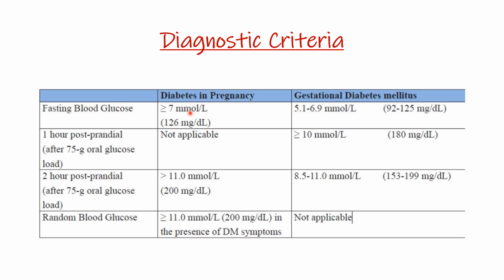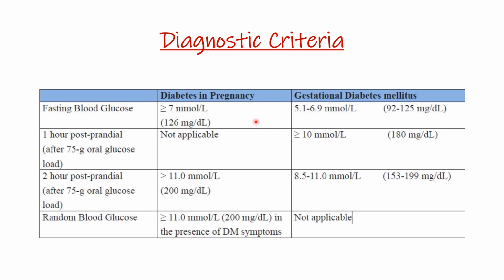So let me explain. The classification of diabetes in pregnancy is divided into two: overt diabetes, that is diabetes in pregnancy, and gestational diabetes. So when the woman comes with hyperglycemia levels indicated in this table, then you'll define that as gestational diabetes, and this is according to the WHO criteria.